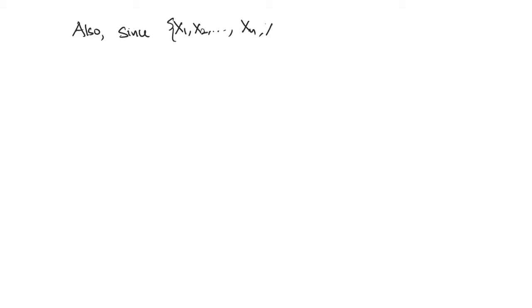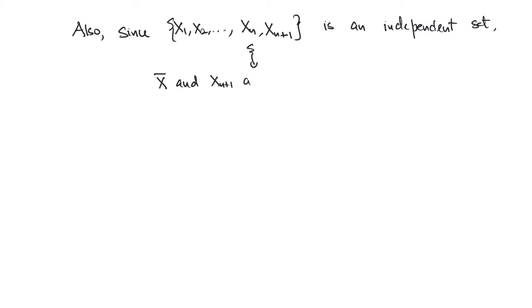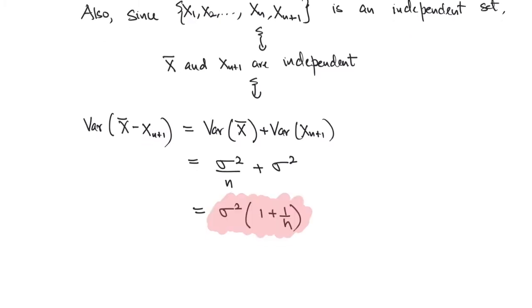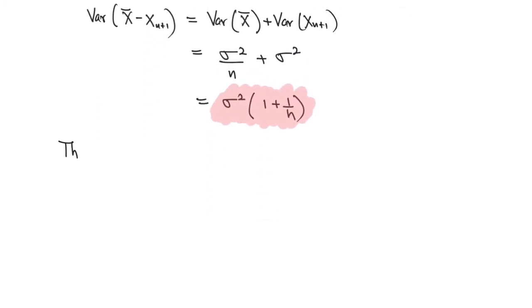Also, since x1, x2, all the way up to x n plus 1 is an independent set of random variables, my sample mean and the future prediction x n plus 1 are going to be independent random variables. We can use this fact to calculate the variance of x bar minus x n plus 1, which is the variance of the error. And this calculation comes out to be sigma squared times 1 plus 1 over n.